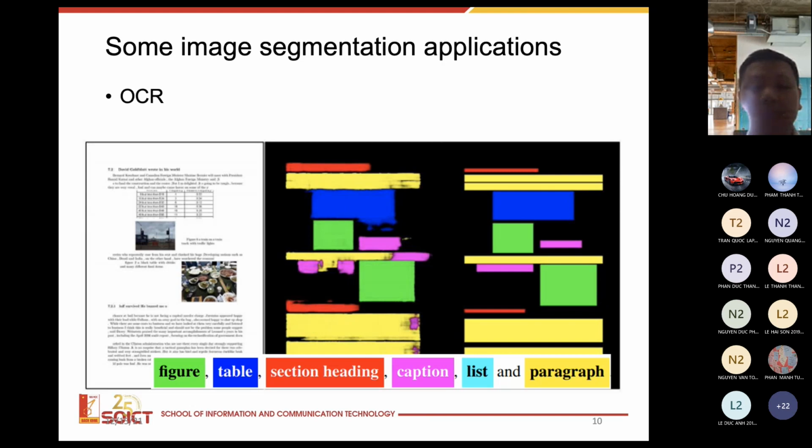So one of the tasks in the OCR process is to classify the different regions of the image as either text, figure, table, headline, whatever, right? And then you can do the OCR on that specific text region, right?